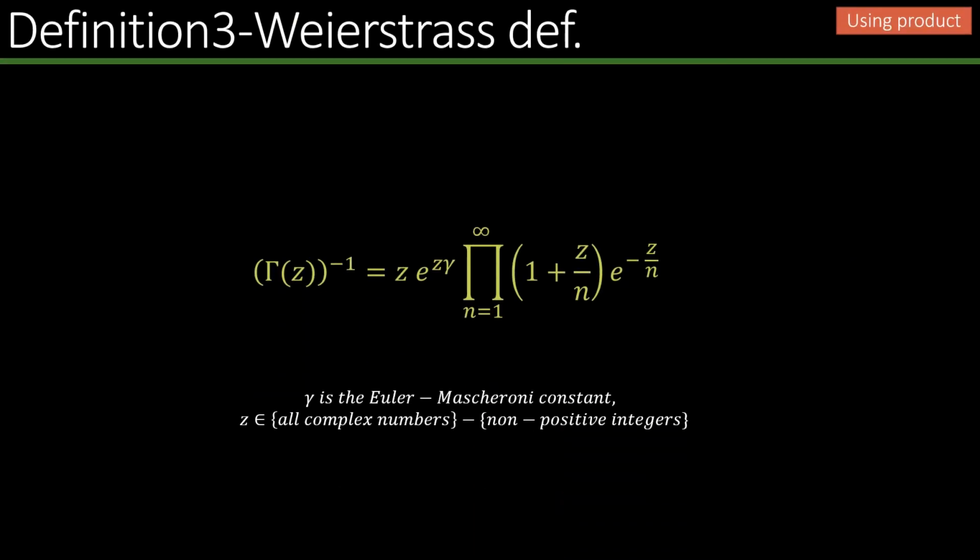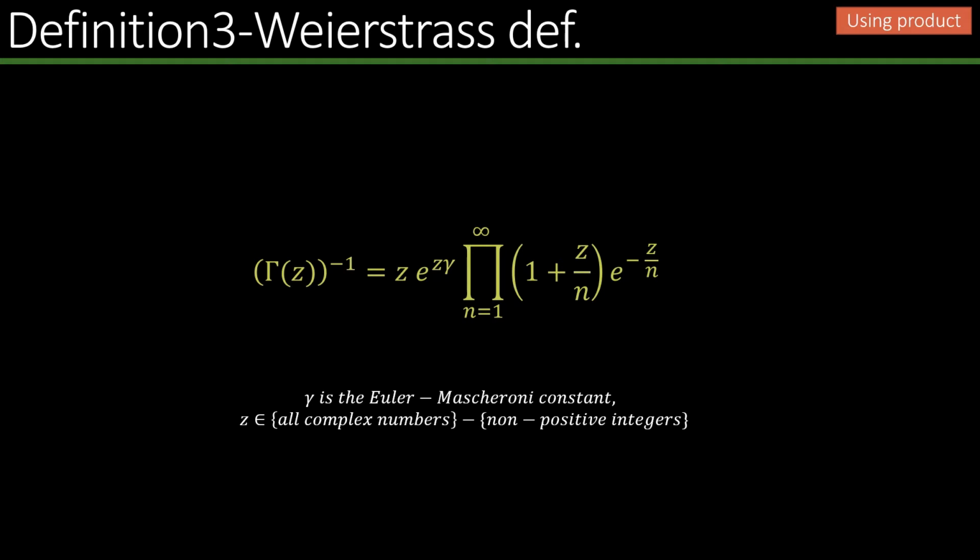The third definition here is represented by using the pi product. It is 1 over gamma z equal to z e raised to z, the small gamma, pi n from 1 to infinity of 1 plus z over n, e raised to minus z over n.